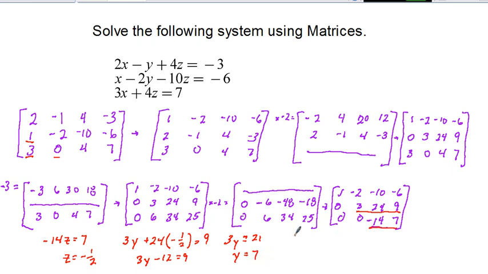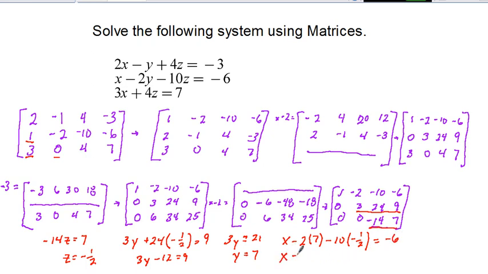And finally, I can plug that back into my very first equation, where I have x minus 2 times y, which is 7, minus 10 times z, which is negative 1/2, equals negative 6.